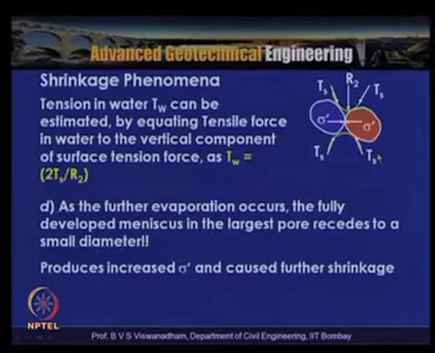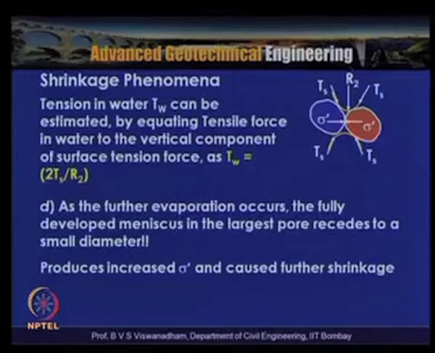As further evaporation continues, the fully developed meniscus in the largest pore space recedes to a smaller diameter. This makes the particles come closer, to such a state that the particles will no longer be compressed further. This produces an increased sigma dash and causes further shrinkage.